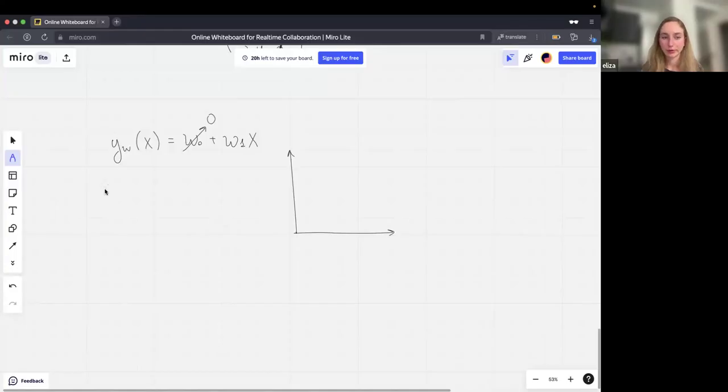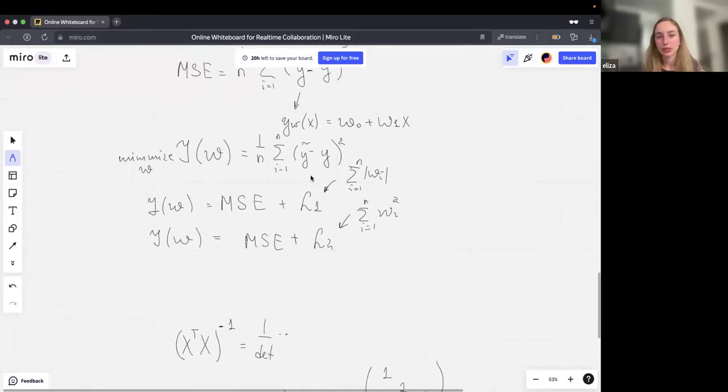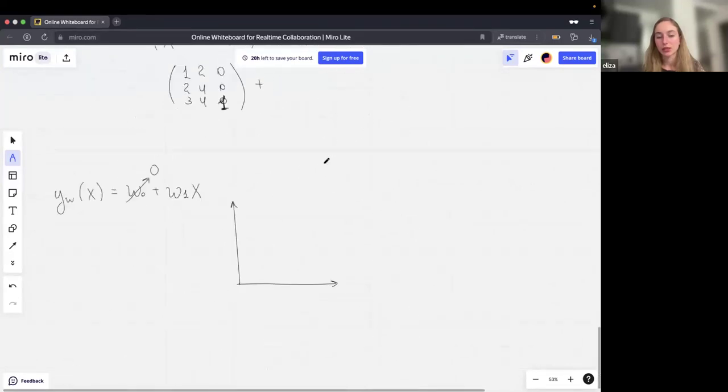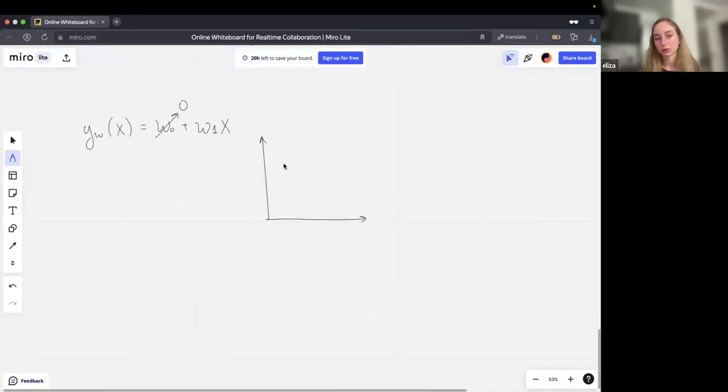You remember the cost function, which looks like MSE, and the cost function is squared. It could be drawn like a parabola, and a parabola has a global minimum.